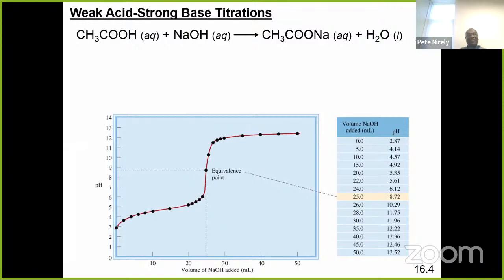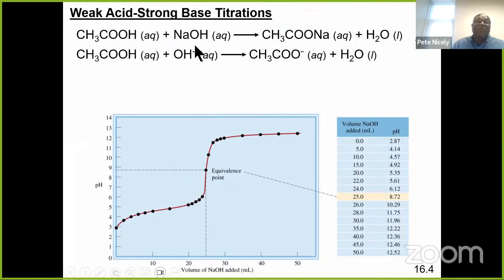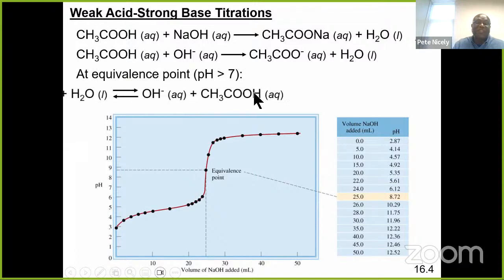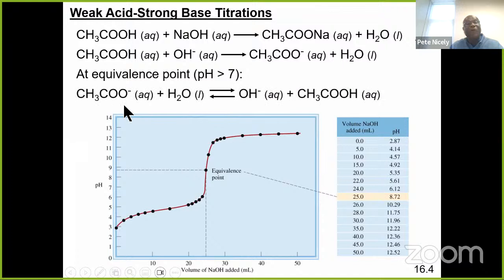But in this particular case, it's a weak acid, strong base titration. So at the equivalence point, the pH would be above 7. In other words, at that equivalence point, the solution would be basic, all right? So that's basically what happens in the case of a weak acid, strong base titration. As I said before, the pH would be above 7 at the equivalence point. Okay, and actually here it shows you the reason why.